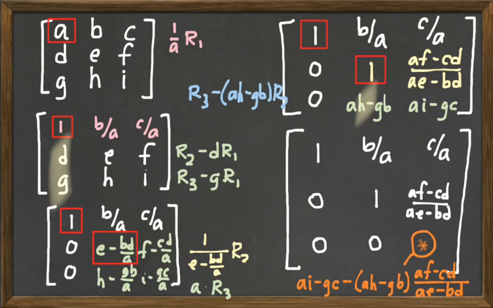So that's what belongs right there. Ugh. Well, okay, that's not at all friendly looking, but at least our matrix is triangular now.